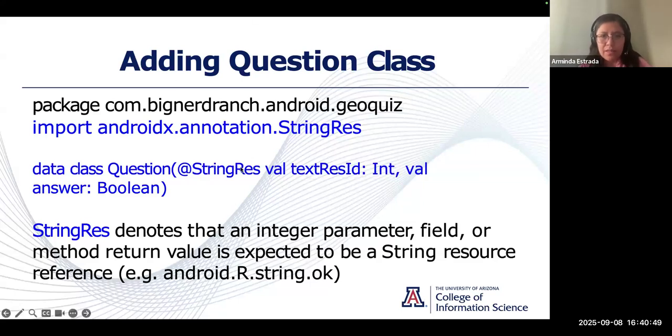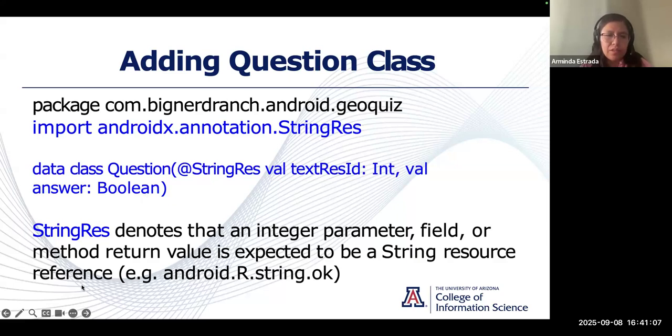So we're going to name that there. We're going to give it a value called textResId, which is an integer, and then a value called answer, and the answer is going to be a boolean, whether it's true or false.